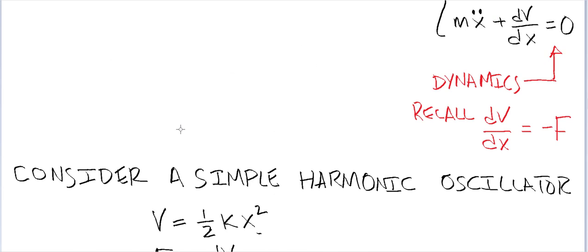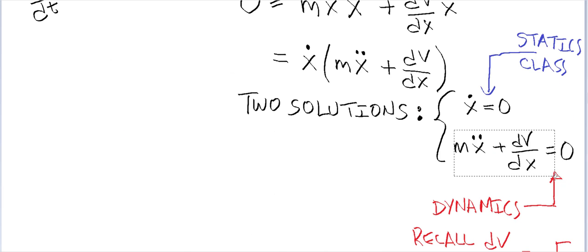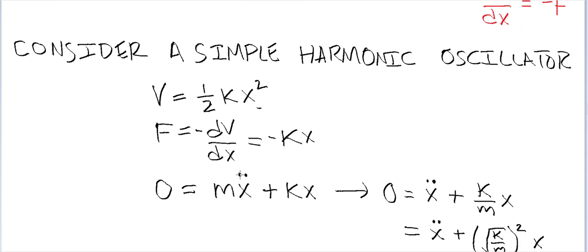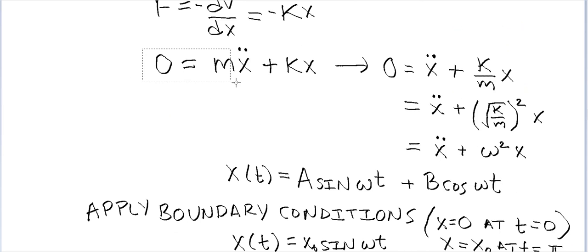And so we can plug into this equation and say that 0 is m x double dot plus kx. So 0 is equal to x double dot plus k over m times x. That's just dividing through by m, right?